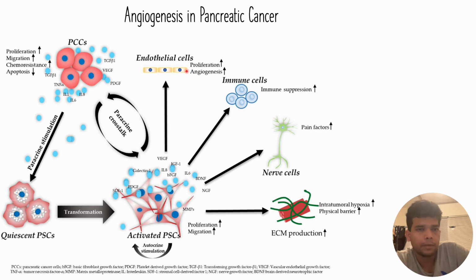Although I shouldn't have made this headline, angiogenesis in pancreatic cancer, as only a small portion is linked to angiogenesis, where the activated PSCs help in the formation of angiogenesis at the endothelial cells.